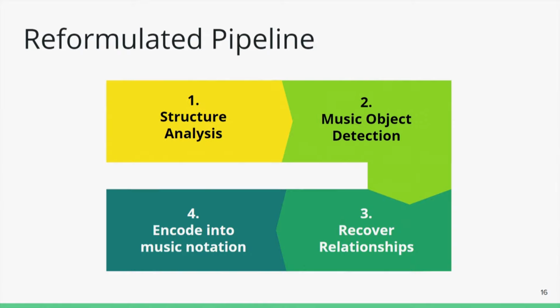And last but not least, you have to create the desired output that you want to have. For example, it can be an MEI file or a MIDI file or MusicXML that you can further process down the road. And during my doctoral research, I mainly worked on the first 3 steps of this pipeline and not so much on the fourth. And I will tell you why later in this talk.